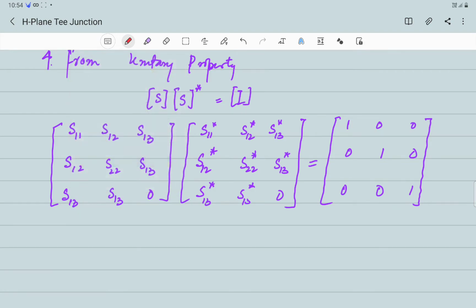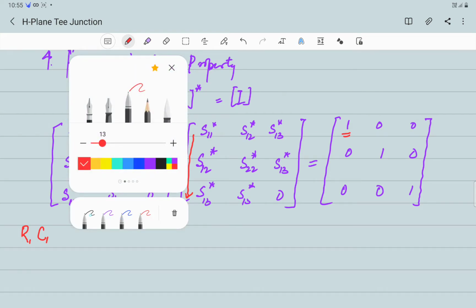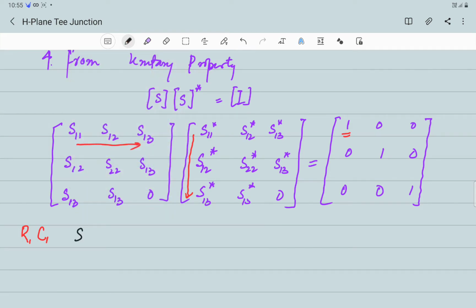If I multiply row 1 with column 1, I get the first element 1. So S11 S11 conjugate plus S12 S12 conjugate plus S13 S13 conjugate is equal to 1.